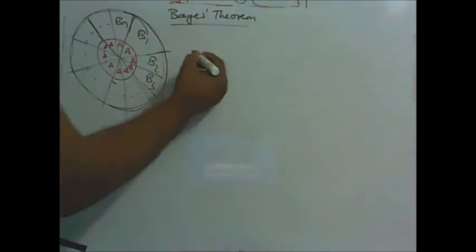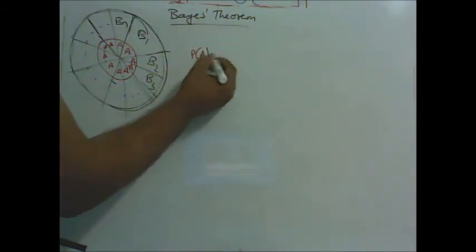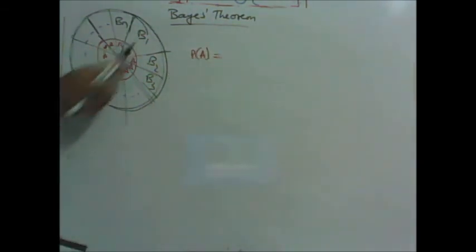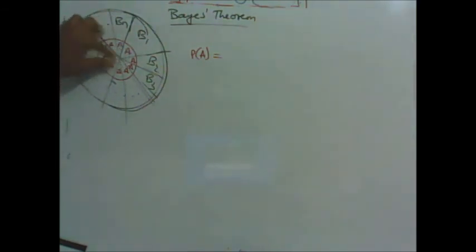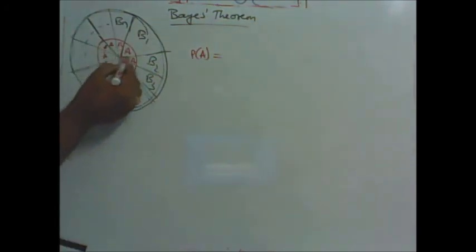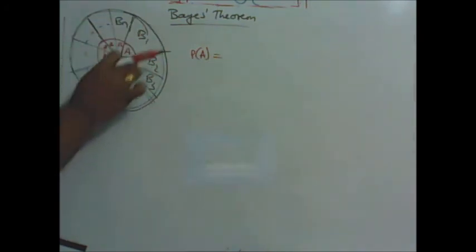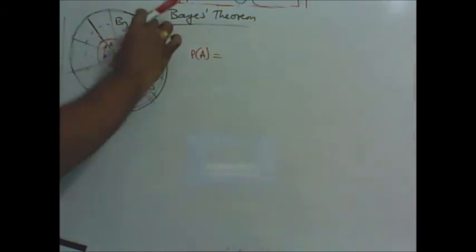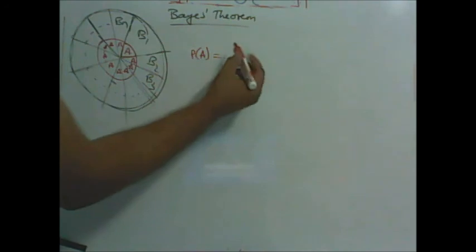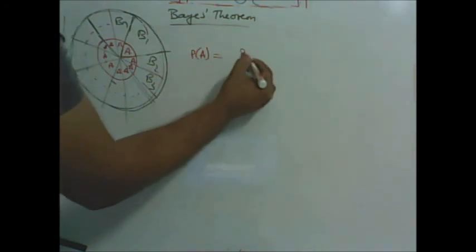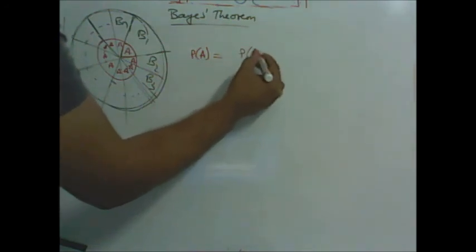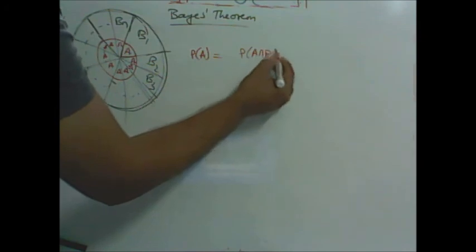Now when we want the total probability of A to occur, we simply add each segment of this part A. Of this total A, what is the intersection with B1? That is P of A intersection B1.